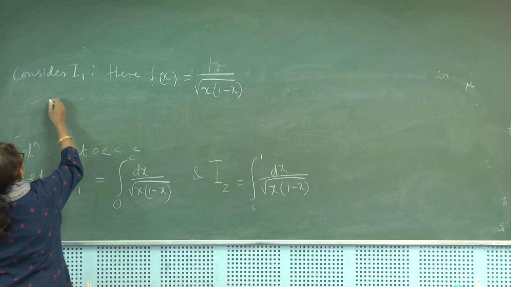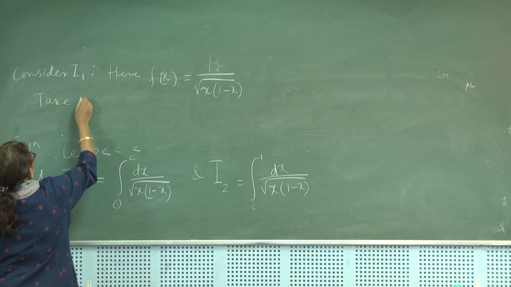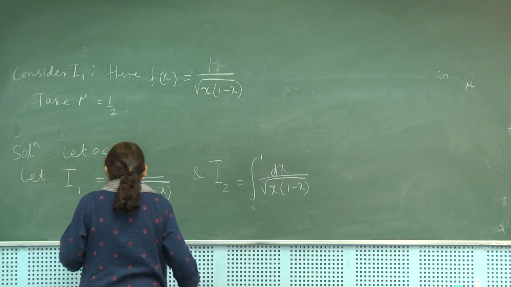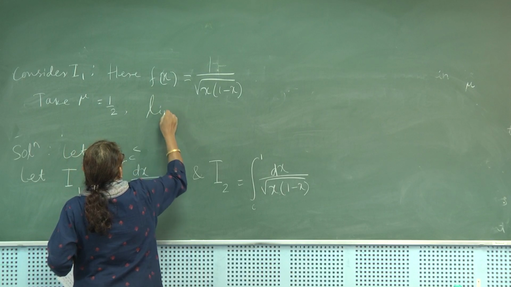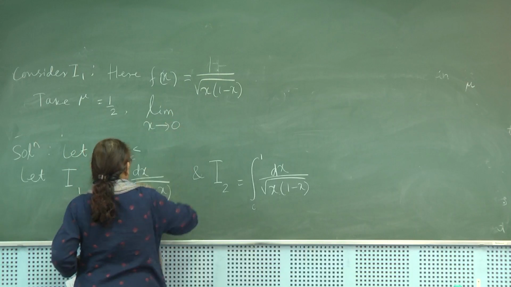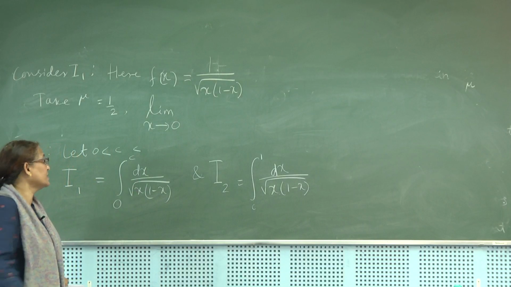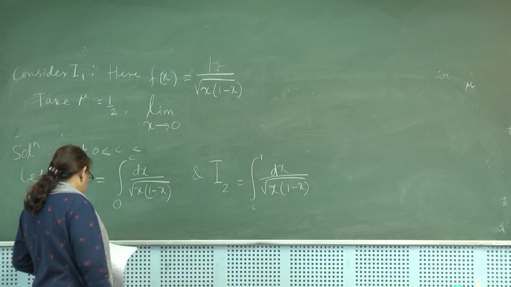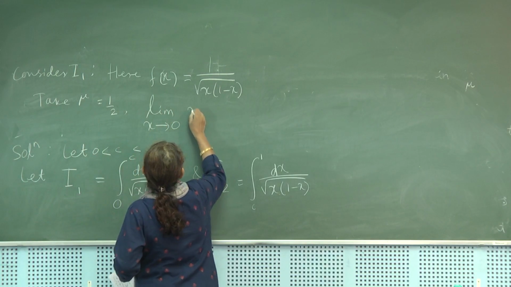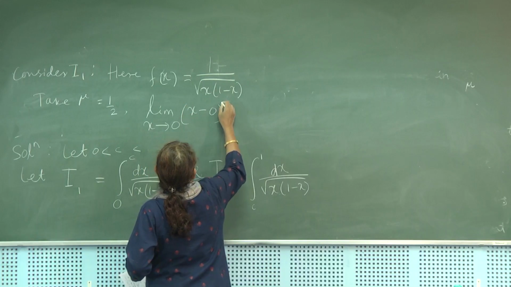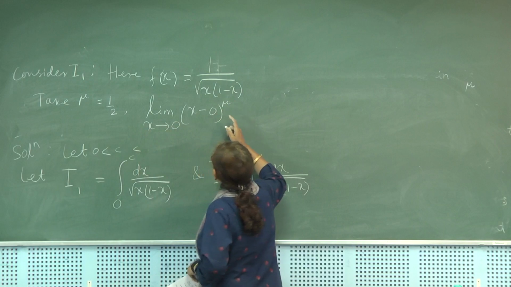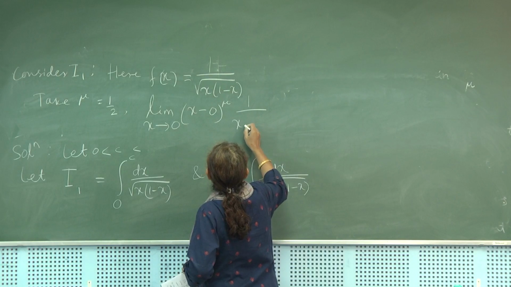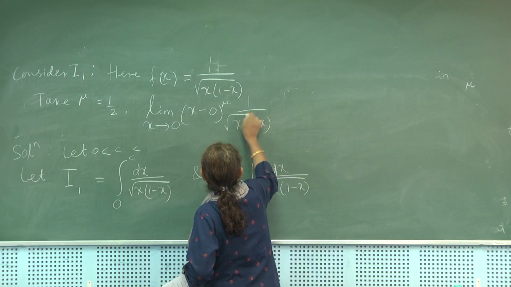Here I'll take mu equal to half, and then consider the limit x tends to 0, the lower limit, where the function is unbounded. So we consider the limit x tends to 0 of x minus 0, to the power mu, which I have taken as half, times the function 1 upon square root of x into 1 minus x.